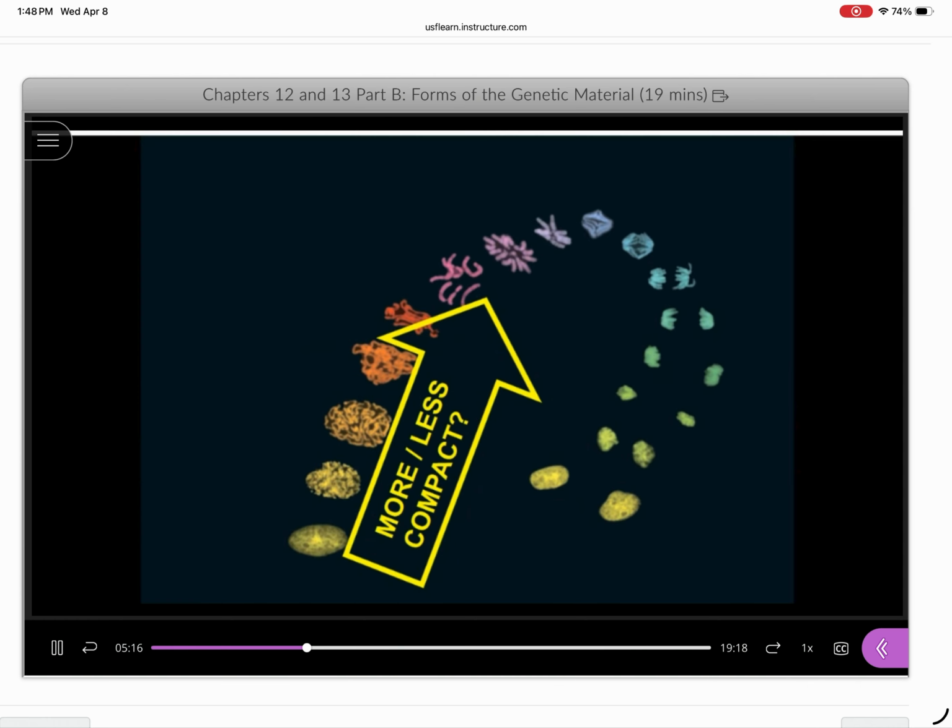More is the answer. It's becoming more compacted as we proceed, which is why here you can see individual DNAs. They were there to begin with, but they're compacting so you can see them.